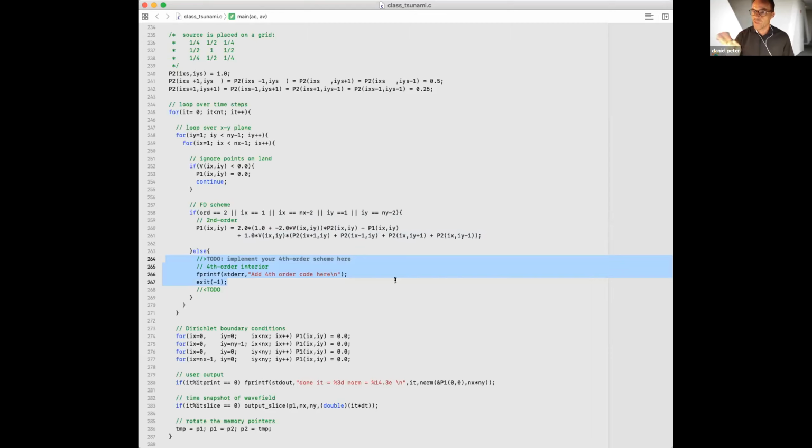See how the implementation would change when you allow for an inhomogeneous wave speed. So again, there's not much for you to code. It's only a little bit of C that you can add to this program. And then you should see what the differences are between second order accuracy and fourth order accuracy.